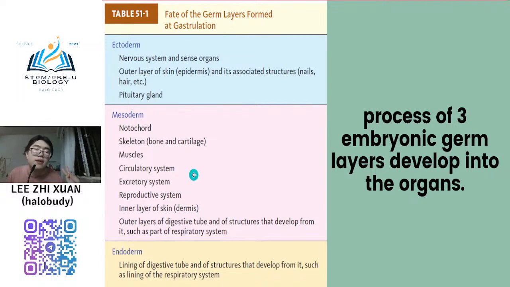All others are within the mesoderm. So you need to memorize it. You really have to memorize it, because in objective questions this is a very famous question that has a high possibility of being asked.